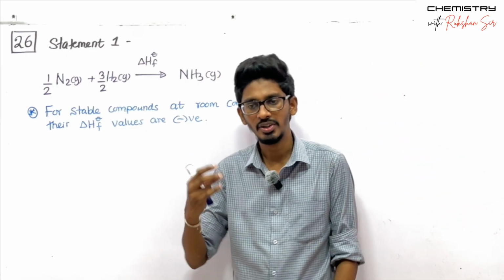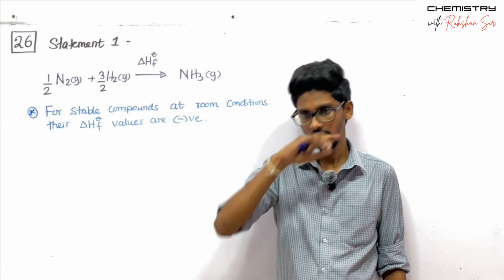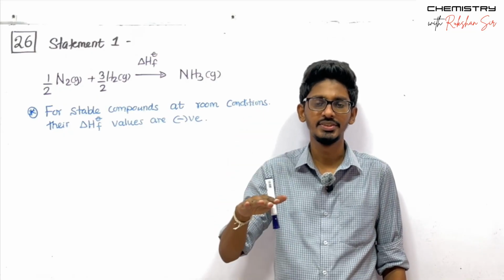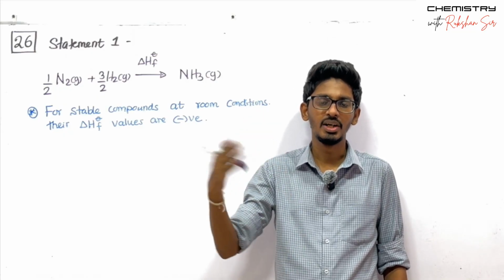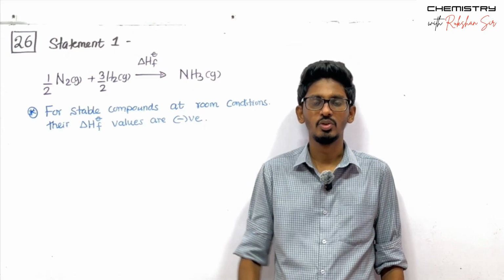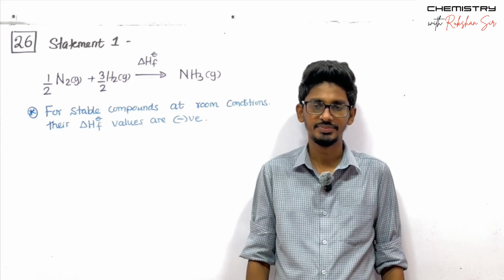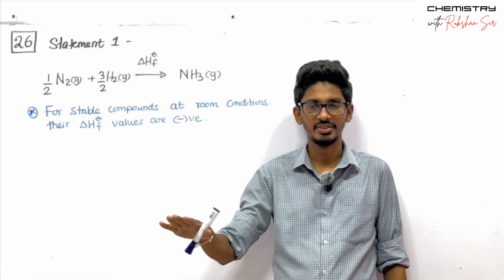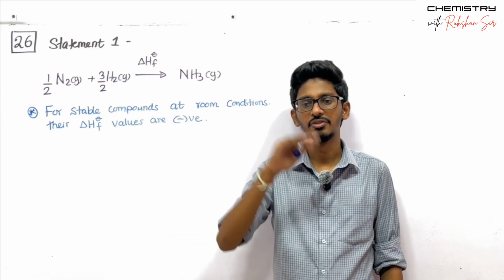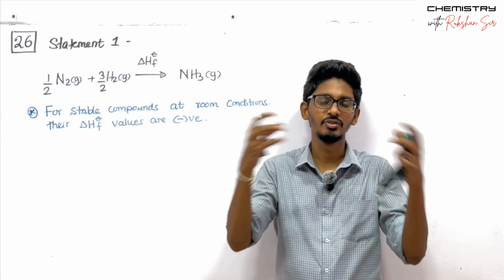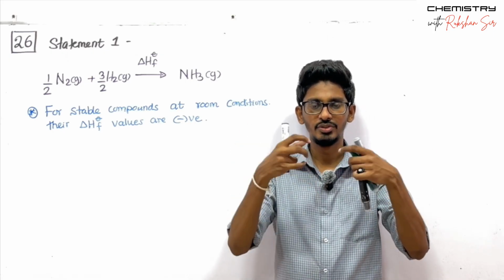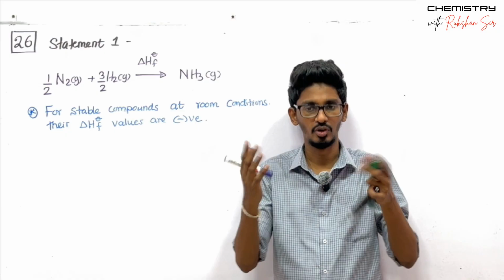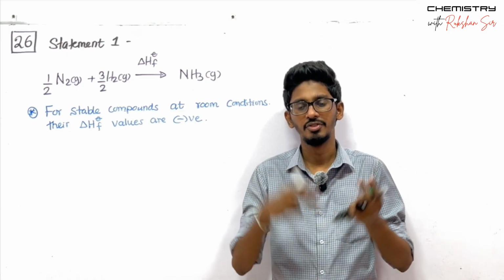A compound being stable means it is with low energy. Lower your energy, that means you become more stable. So for stable compounds, their enthalpy values are lesser compared to the reference forms. Reference forms are the most abundant forms of elements.